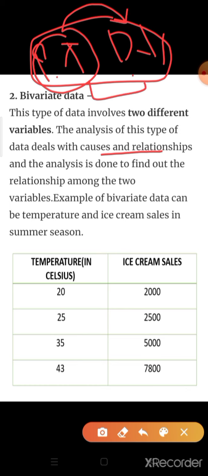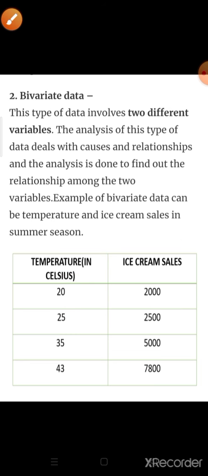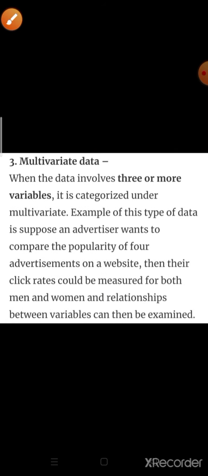That is called bivariate data. The analysis is done to find out the relationship between the two variables. An example is temperature and ice cream sales: at this temperature ice cream sales is this, and at that temperature ice cream sales is that. So this is an example of bivariate data.